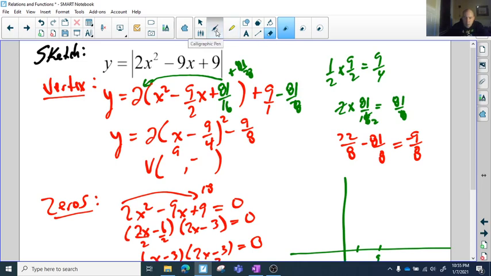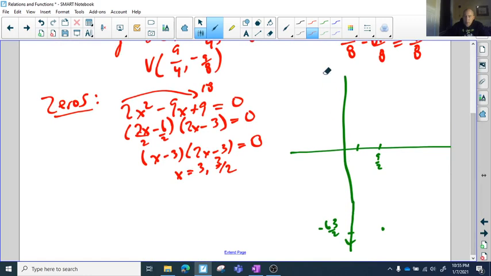Okay, let me fix this. So 9 over 4 and negative 9/8. So that will come down here now and fix this up. See if it makes more sense now.